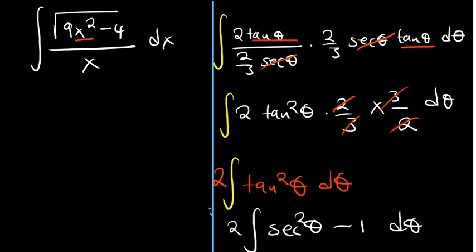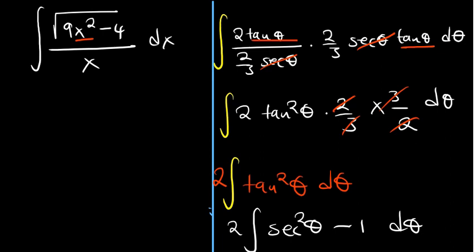So at that point you are easily able to integrate. What's the integral of secant squared of theta?